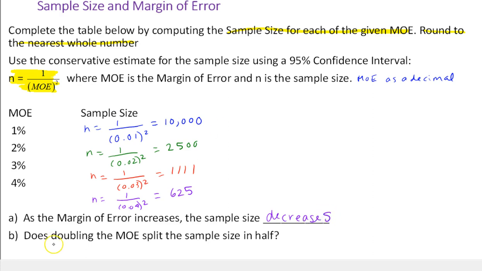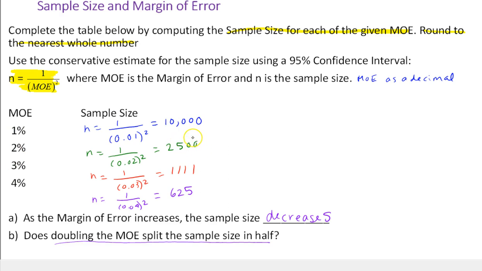And then we're asked, does doubling the margin of error split the sample size in half? Okay, so let's look at the difference between 1% and 2%. These aren't all doubling here. It's not 1, 2, 4, 8, but 2% is double 1%. Let's actually find a ratio here.